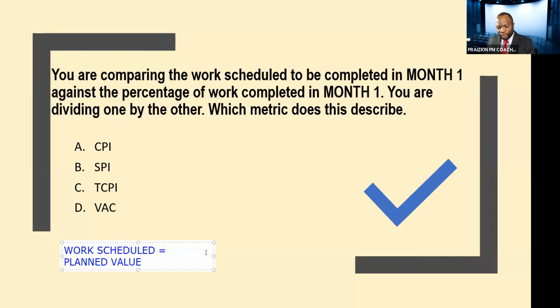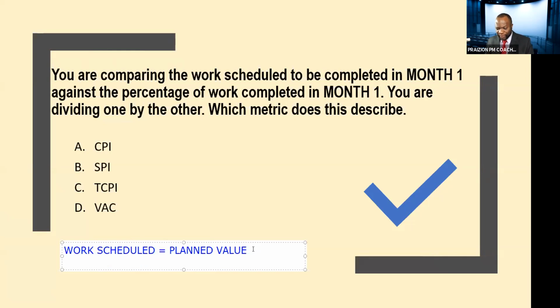You guys know I go on and on about the four-letter acronyms, but I don't want to go too deep into that tonight because I don't want to lose you. That will be a different topic. But work scheduled is planned value. In other words, I am planning to get this value. Doesn't mean you are going to get it, but a plan to get the value is really what work scheduled means. So I am scheduling $10 million worth of work for tomorrow.